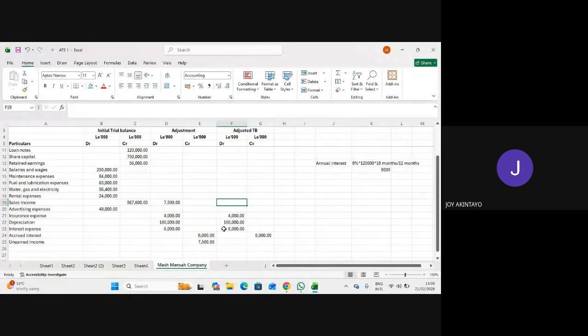So what is our adjusted trial balance? So this one will be 7,500. Then this one will be minus 7,500 from your 967,600. So what do you have?